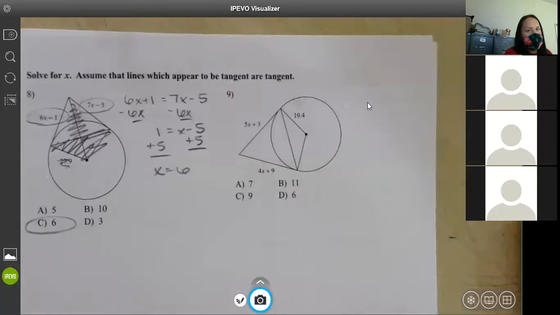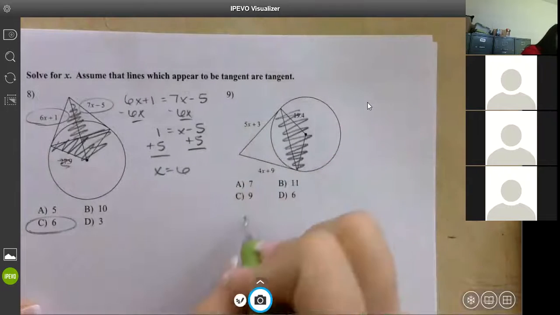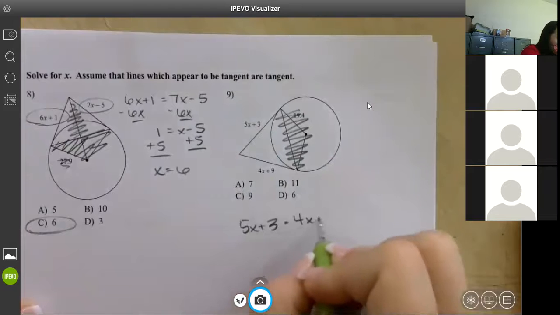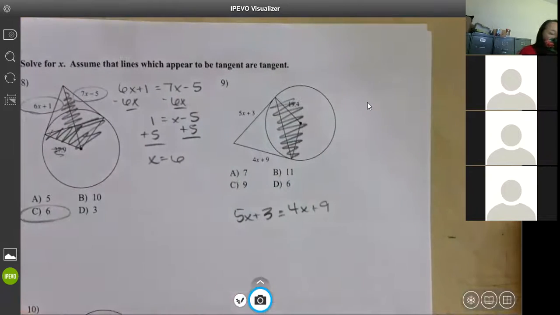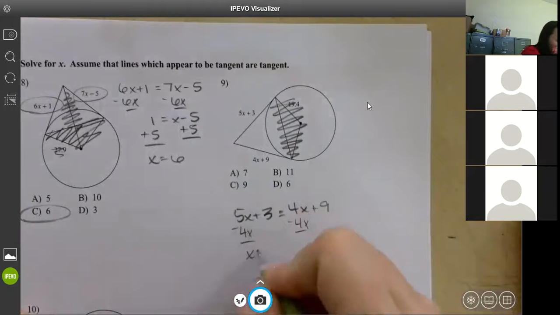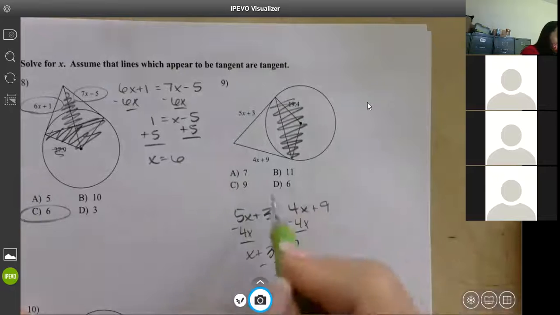What am I doing on number 9? Unnecessary stuff. We know that 5x plus 3 is the same thing as 4x plus 9. Subtract your 4x. We get x plus 3 equals 9. Subtract your 3, and x equals 6.